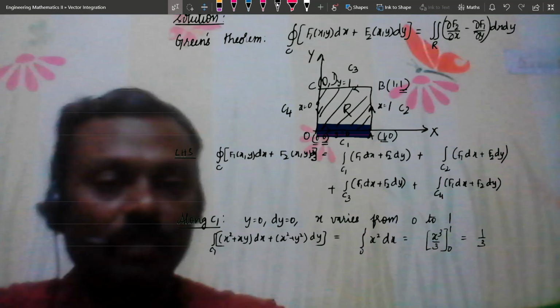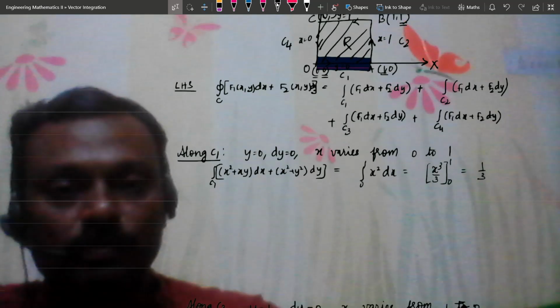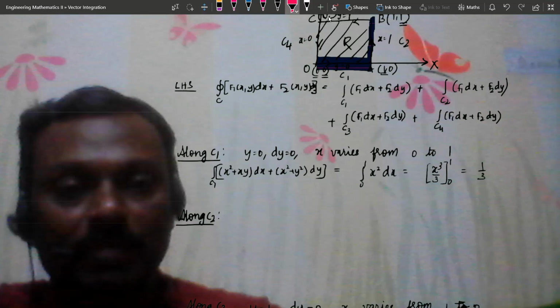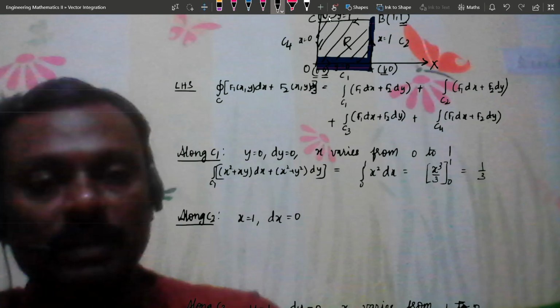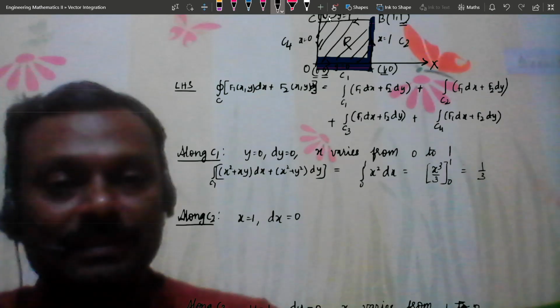Now along C2, that means along AB. Along AB the coordinates are A (1, 0) and B (1, 1). That is, x doesn't make any change.